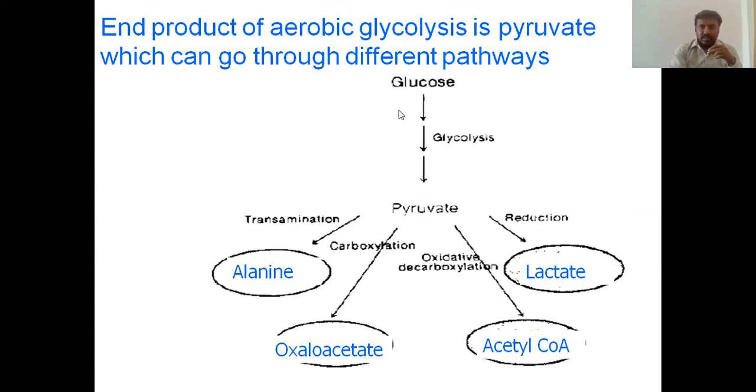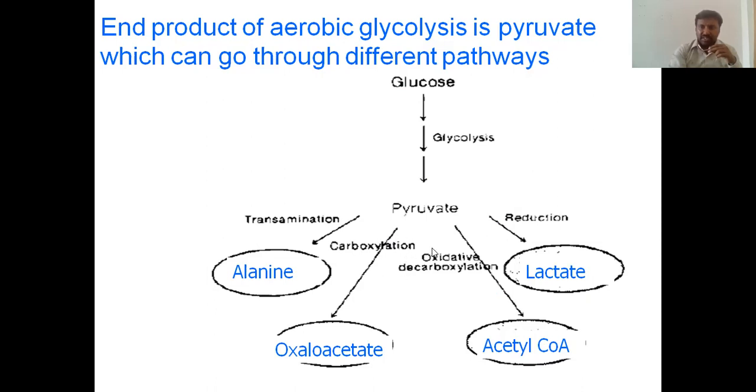In the last class, we already understood the glycolysis process, in which glucose is converted into pyruvate. After that, how is this pyruvate utilized and metabolized in our cells?